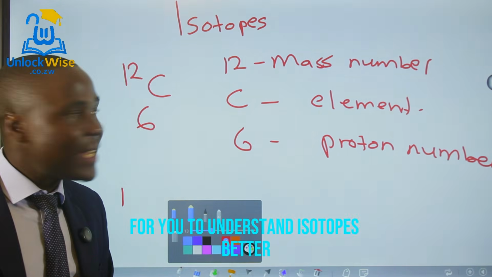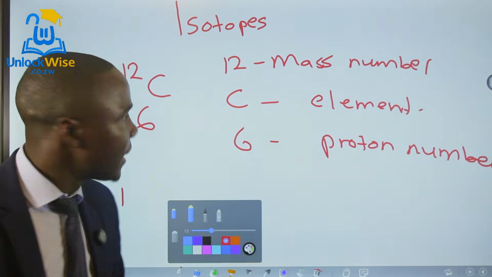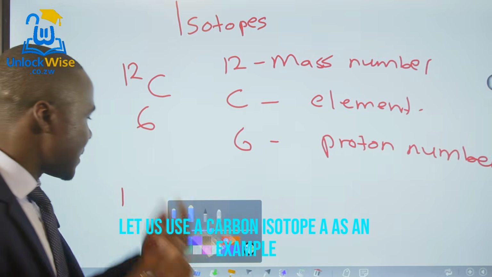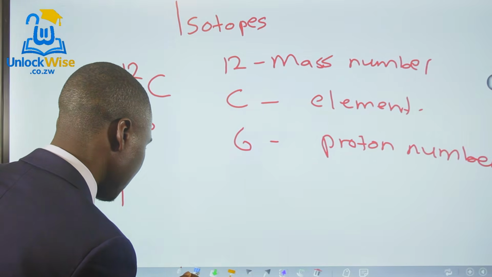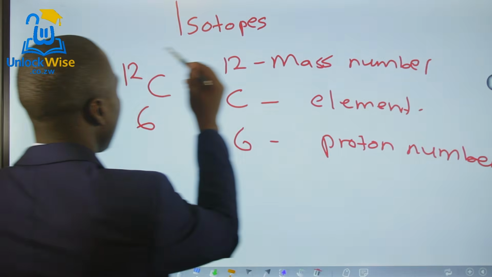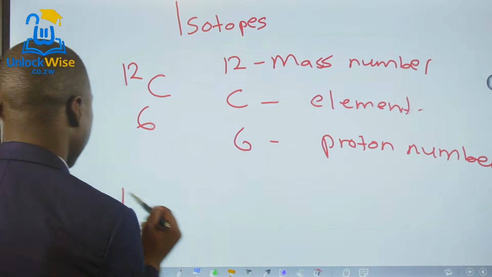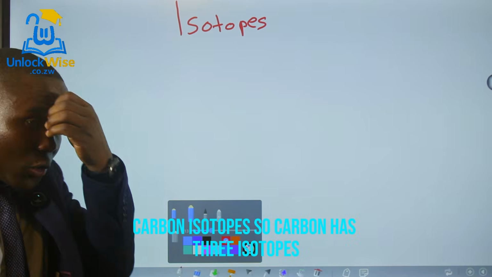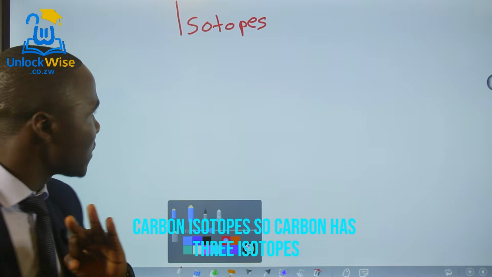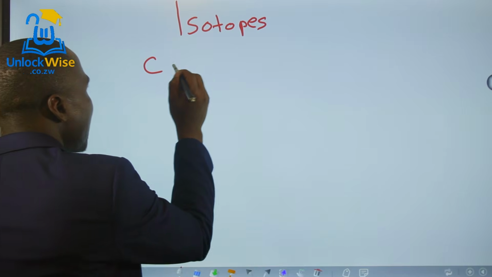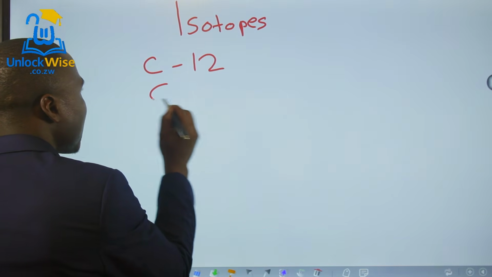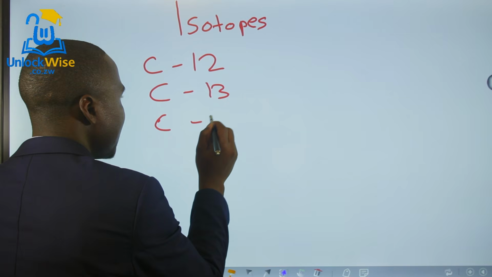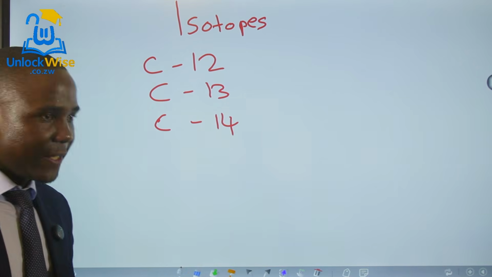Right. So now, for you to understand isotopes better, let us use carbon isotopes as an example. Carbon has 3 isotopes: carbon 12, carbon 13, and carbon 14.